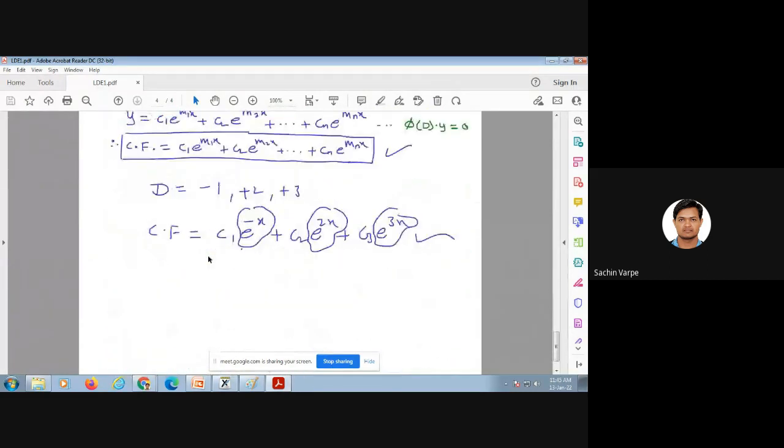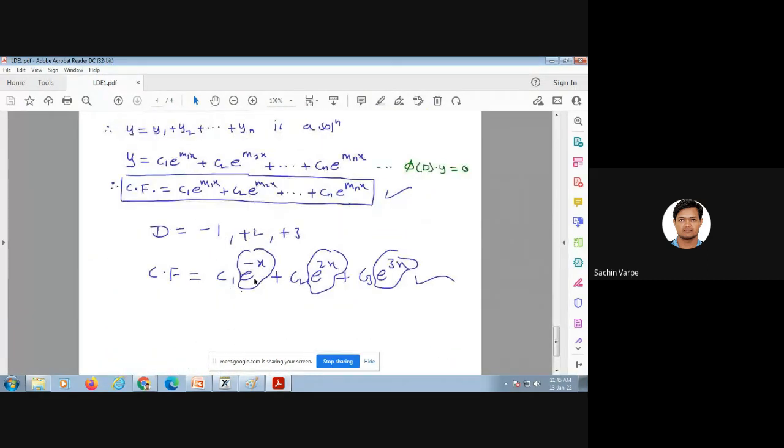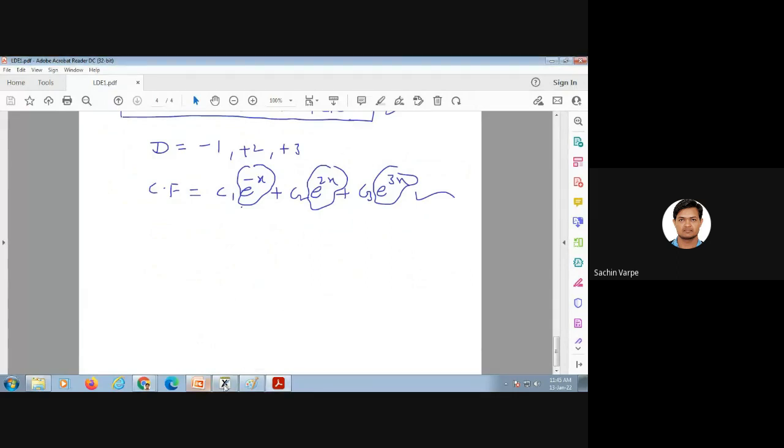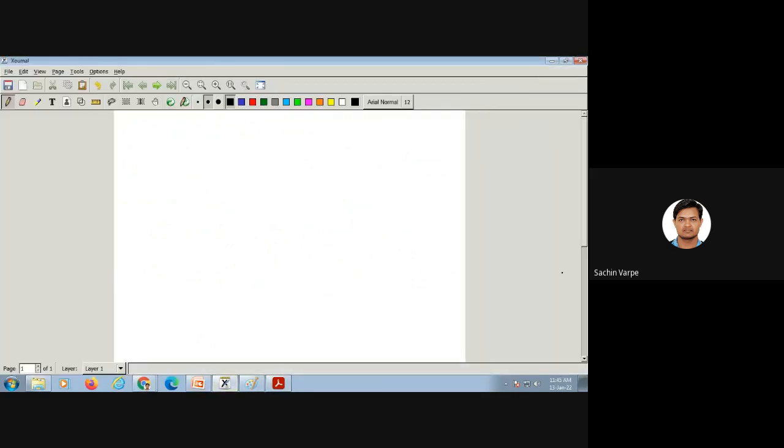So let us now proceed with the further discussion. That is, just now we have seen the formula for m1, m2, and so on mn as roots of the auxiliary equation.